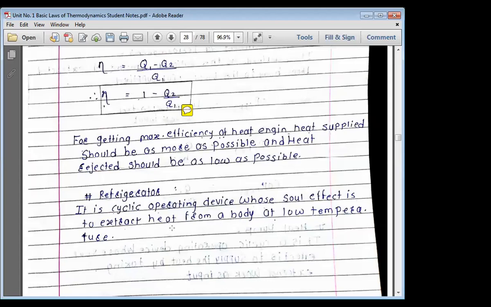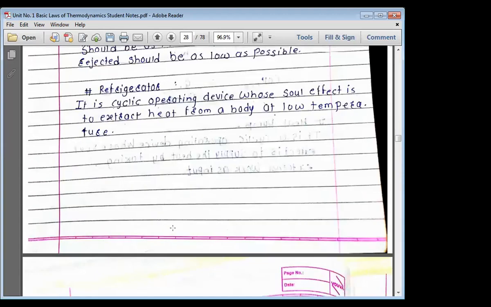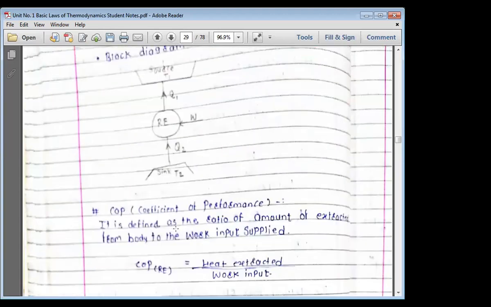The block diagram of a refrigerator: the work is given here, and if you draw the arrow of W wrongly, it is wrong. Q2 is taken from the sink. सिंक म्हणजे रेफ्रिजरेटर स्पेस आणि सोर्स म्हणजे ऍटमॉस्फिअर. रिजेक्ट ऍटमॉस्फिअरला करतो.